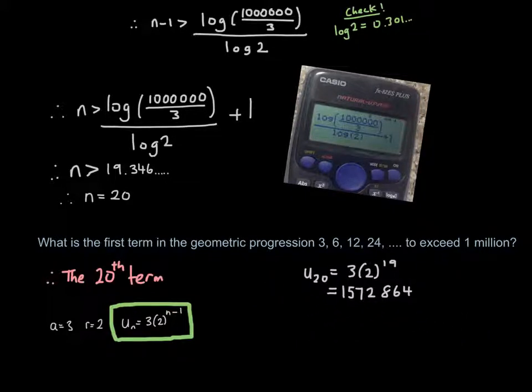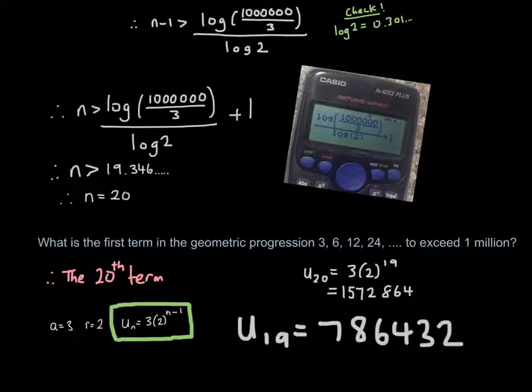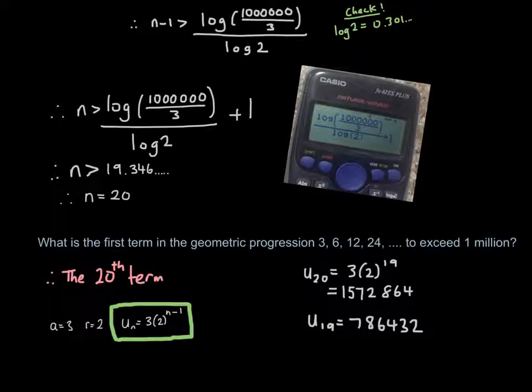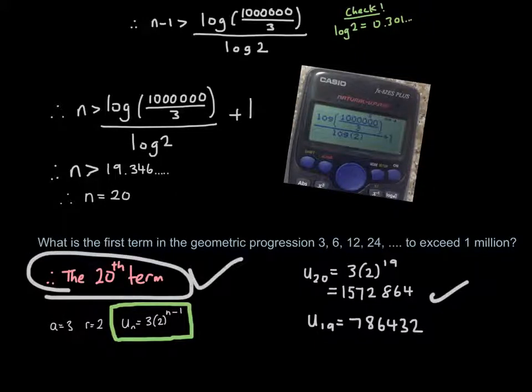Work out the 19th term the same way: you're just going to change that power 19 to 18. If you work that out, you've got 786,432. So there you go, double checked it as well. There's our answer: the 20th term is the first term of that geometric progression to exceed a million.